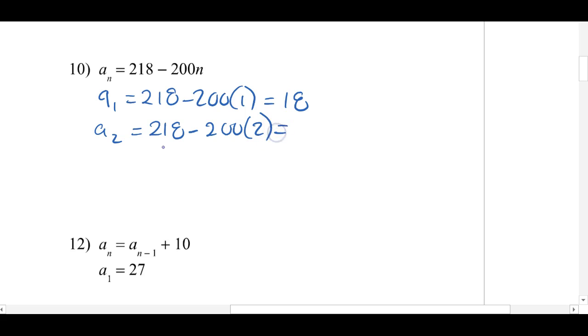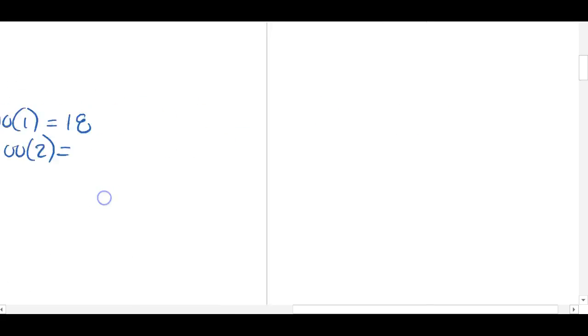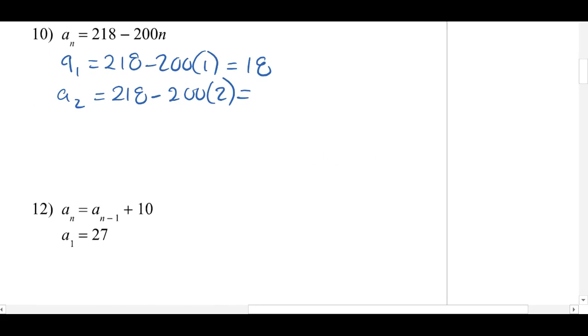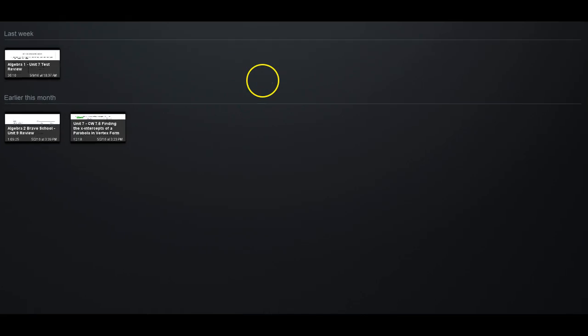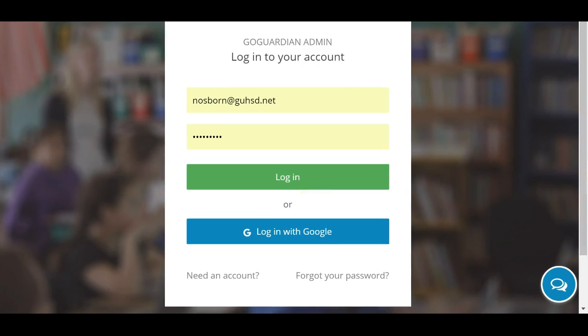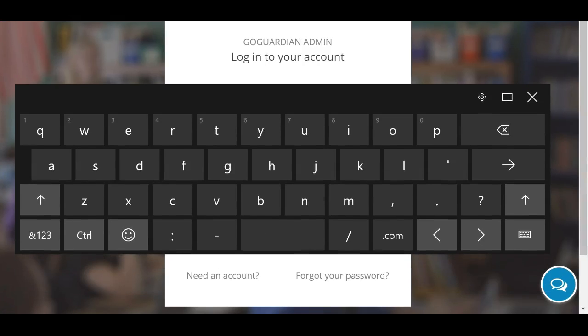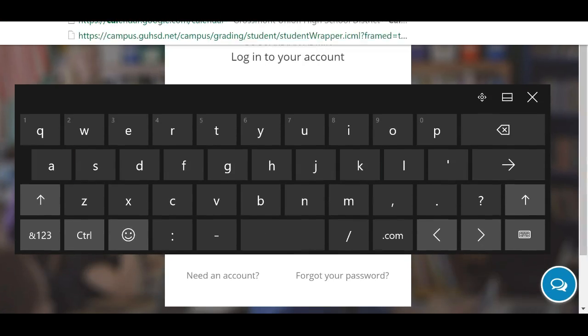Okay, so 218 minus 2 times 200 is 400. So that means we're going to have, let's see, minus 200. That will be, let's do this on calculator real quick. Uh-oh, whoops. Yeah, so sometimes it's not as obvious. And some of you might be able to see it. You're smarter than I am, right? So, calculator.